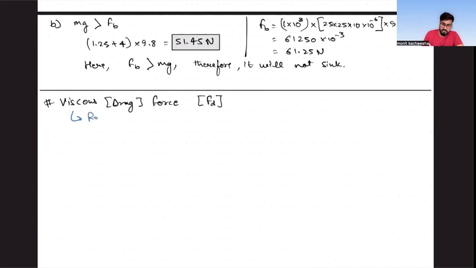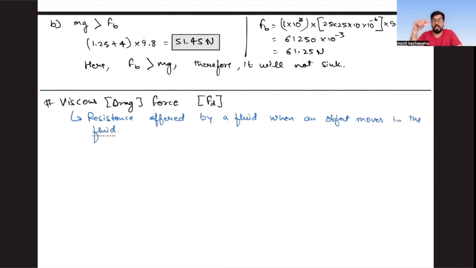So it is nothing but, let us write it down, resistance offered by a fluid when an object moves in the fluid. So do not get confused with the buoyant force.